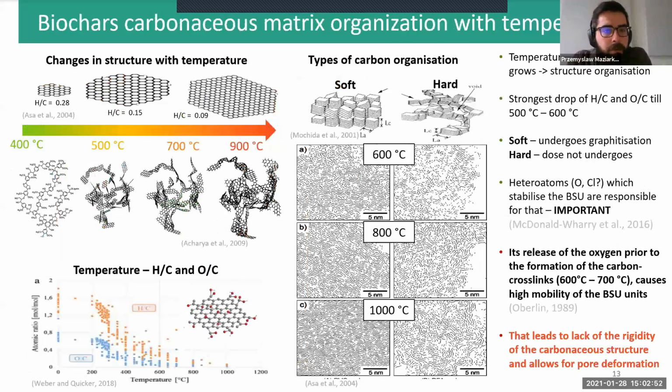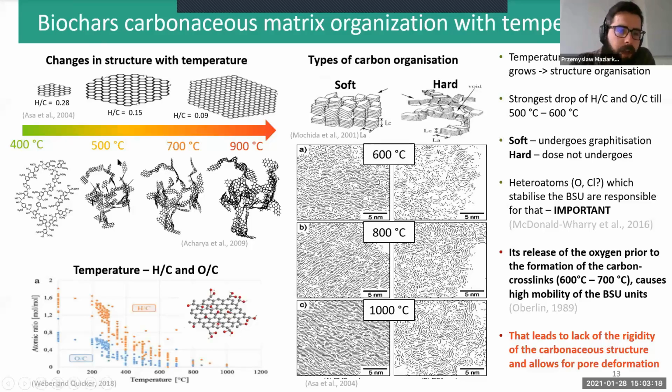Going a step deeper into this area, it's well known that with the temperature the BSE unit increases. Yes, but in biochar the structure is not planar, it's in 3D.